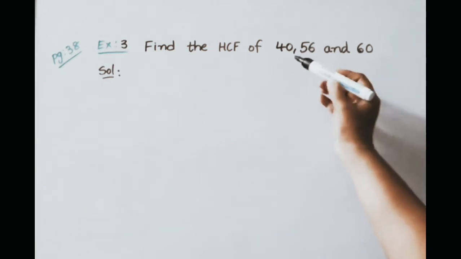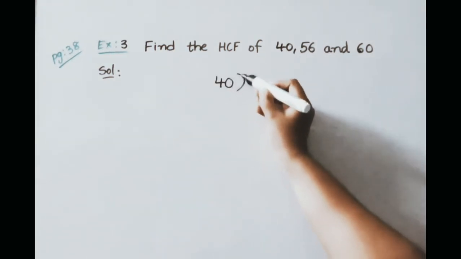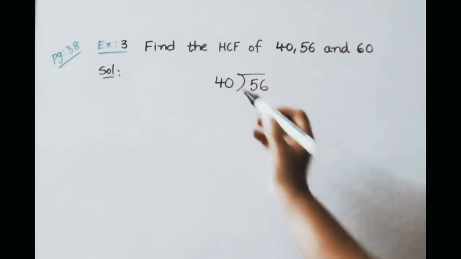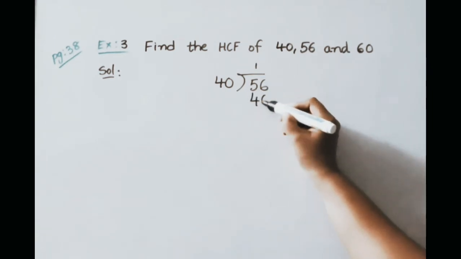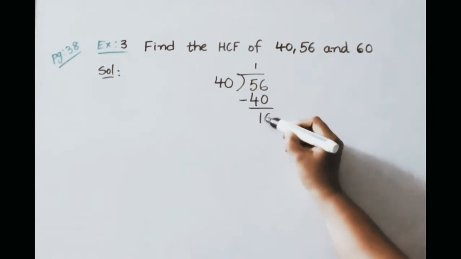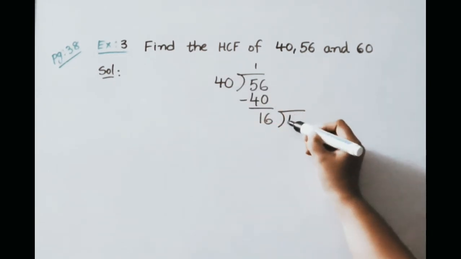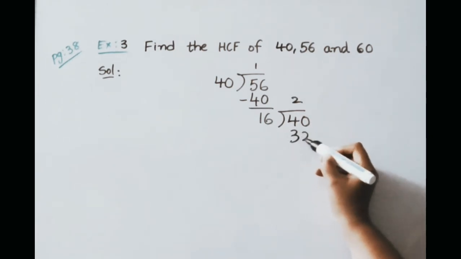See the solution. Divide these two numbers first. 40. So 56 is divided by 40. 40 1s are 40. We get a remainder 16. Now with this remainder, divide the previous divisor 40. 16 2s are 32.